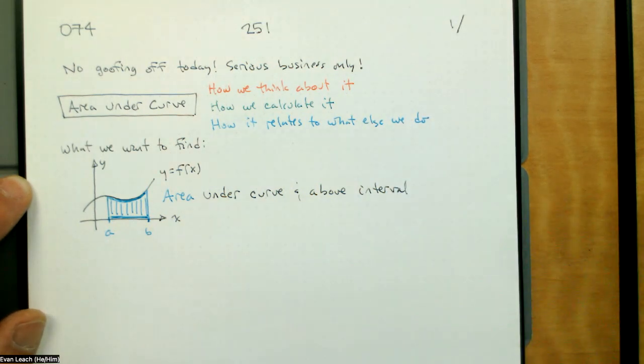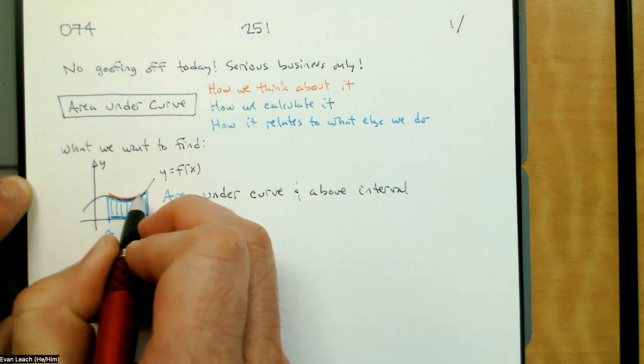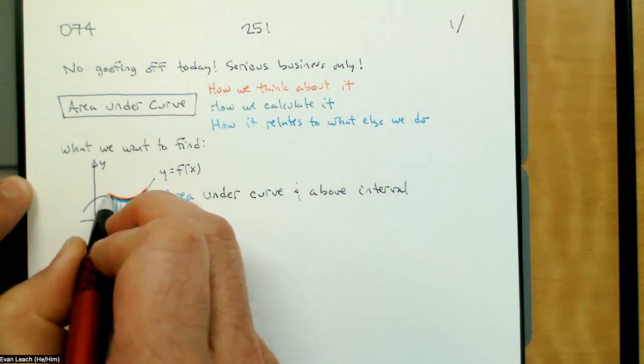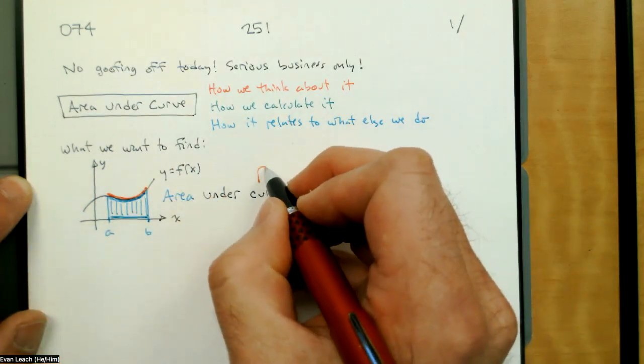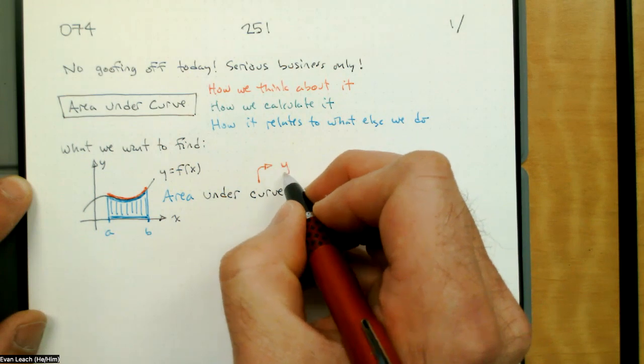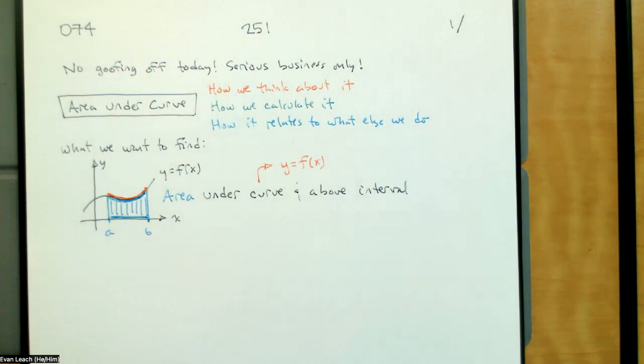I want the area under the curve, which we're going to model with a function to make our lives easier at the beginning. We want the area under a curve and above an interval.